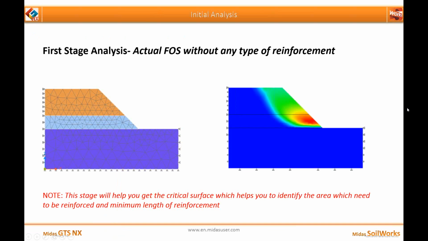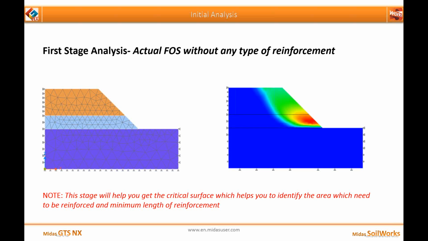Now, always remember that whenever we deal with such problems, the first stage is always the initial stage of analysis, where we just do the basic analysis without any type of reinforcement. We'll not be reinforcing our model. We'll directly start with the analysis.